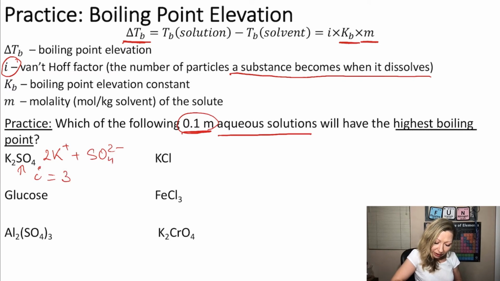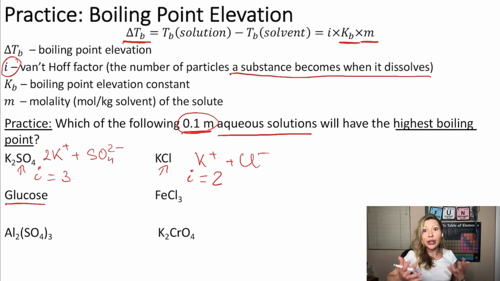What about potassium chloride right here? Well, it's going to dissociate into K+ and Cl- chloride ions. So in this case, i is going to equal 2. What about glucose? Will it give us any ions? No, right? Because this is a molecular compound. So here i is going to equal 1.